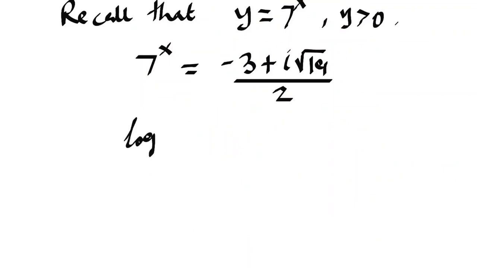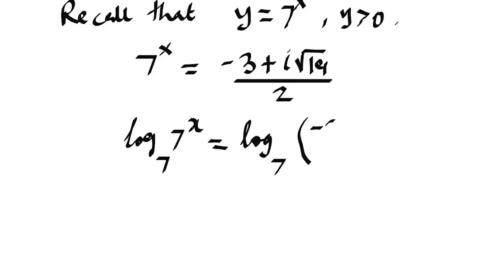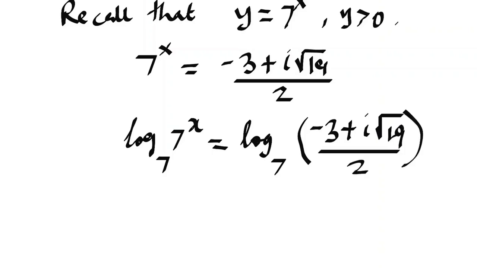We have log base 7 of 7 to the power of x equals log base 7 of minus 3 plus i root 19 divided by 2.